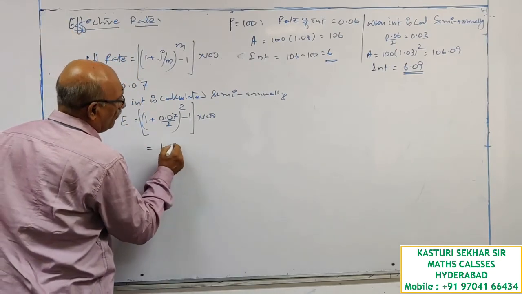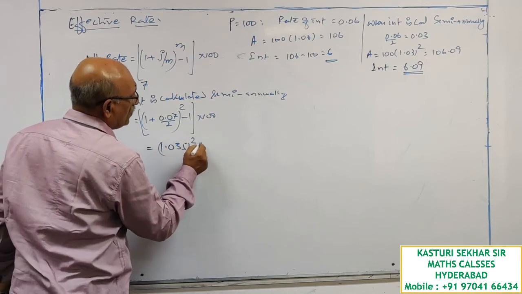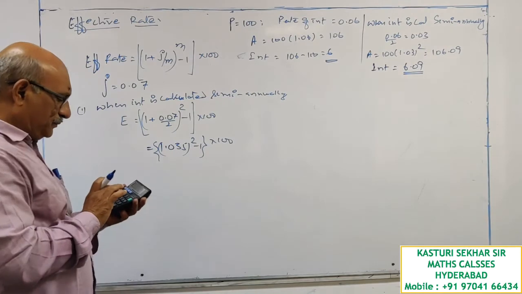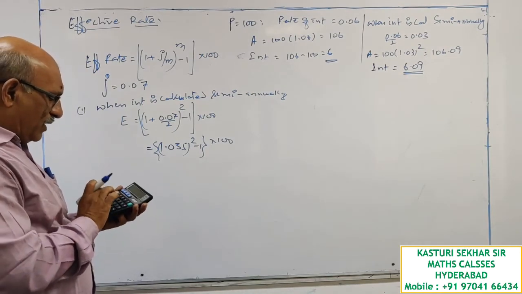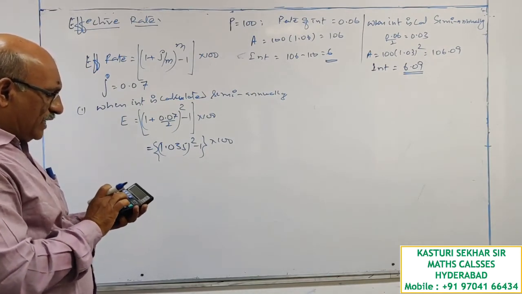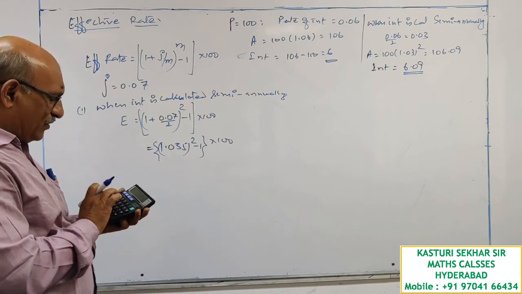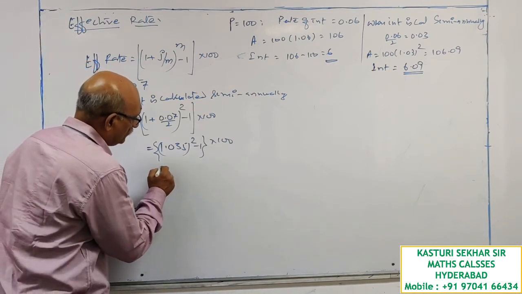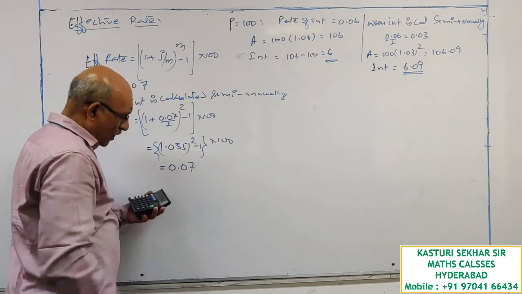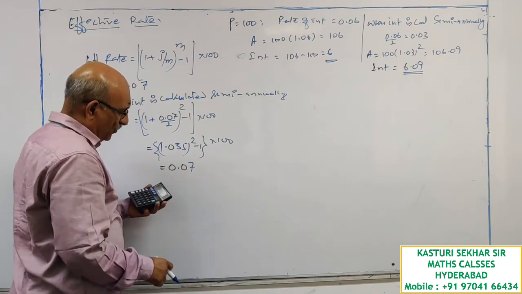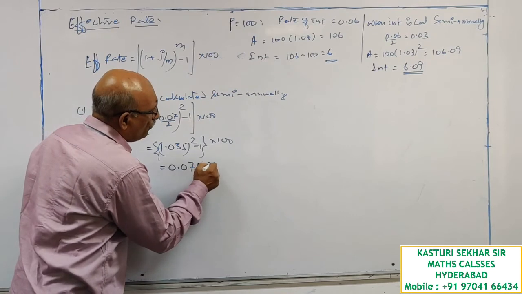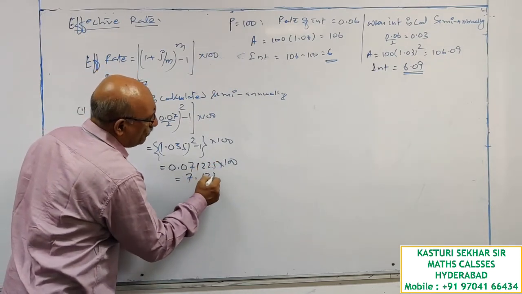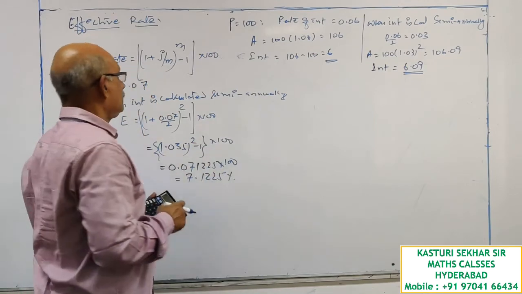So this is equal to 1.035 whole square minus 1, multiplied with 100. 1.035 squared minus 1 is 0.071225, into 100, decimal is shifted two places, 7.1225%.